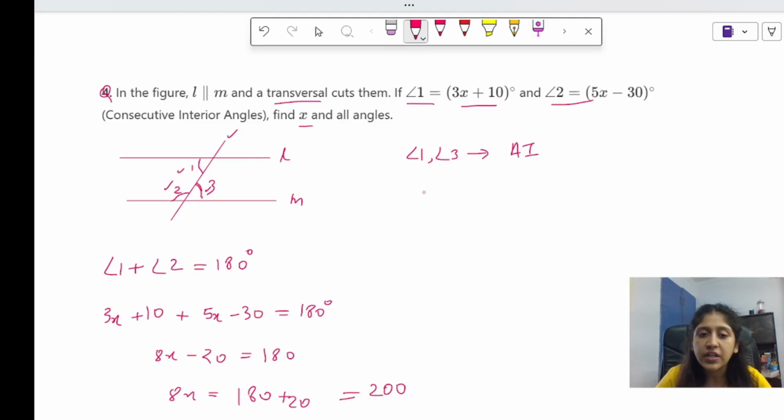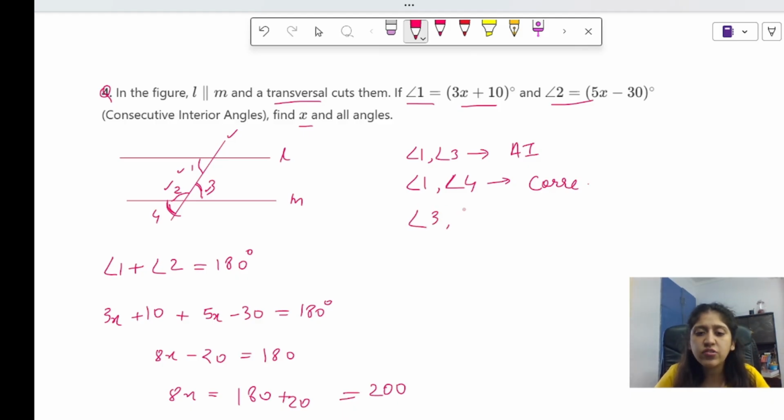Angle 1 and 3 are alternate interior angles. And can anybody tell me what is angle 1 and angle 4? I hope the angle 4 is clear. Yes? This is the angle 4. What is angle 1 and 4? What is the relation? They are corresponding. Alright? So I hope the full concept is clear. Okay?